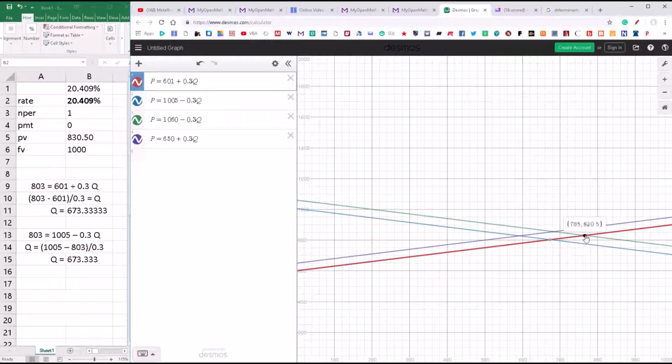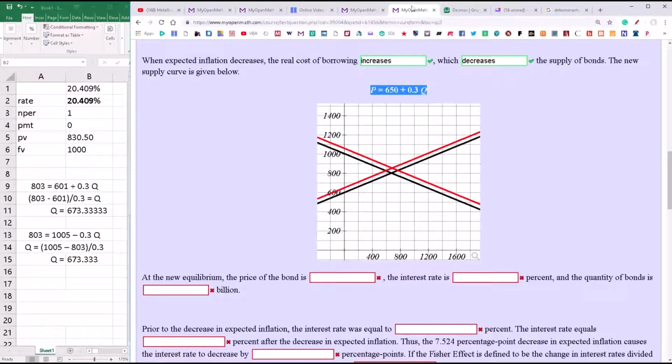And then we shift it out to here. And so the new equilibrium is right there. So there's the original equilibrium. Here's the new equilibrium. The new equilibrium price is $8.55.